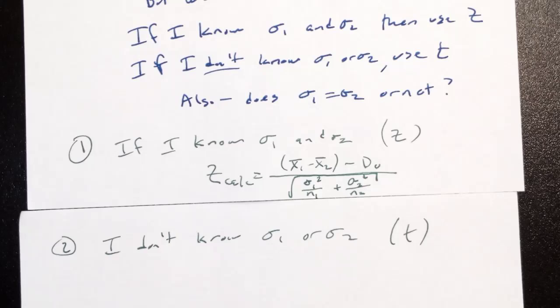For example, in the example we were just looking at with the water, the standard deviation upstream was known to be different than the standard deviation downstream. But if I'm taking samples from the same population, say a sample of students in anatomy and physiology, which is a fairly large course, I'm going to take 10 students who have an online homework system.